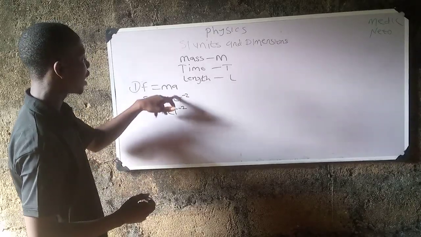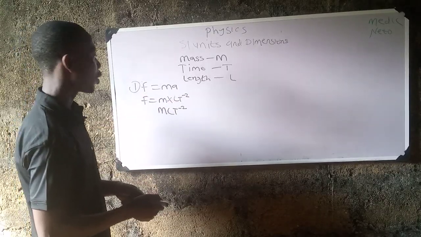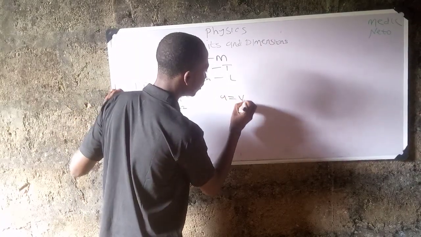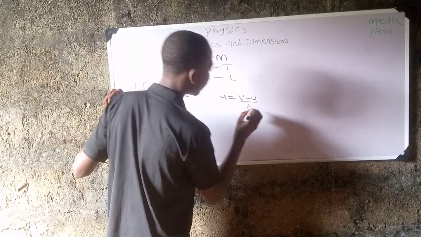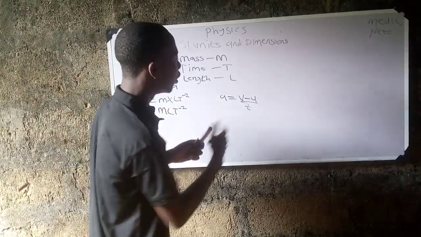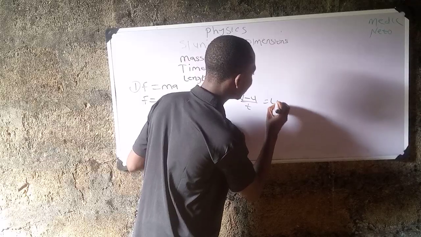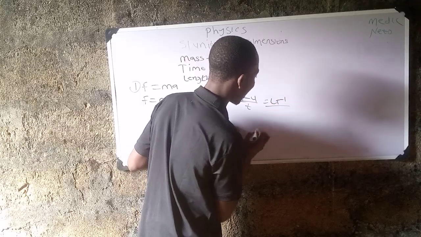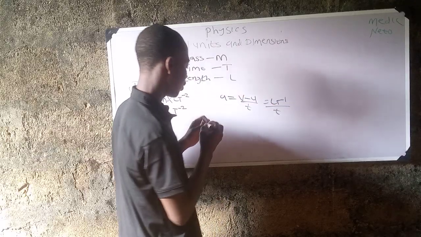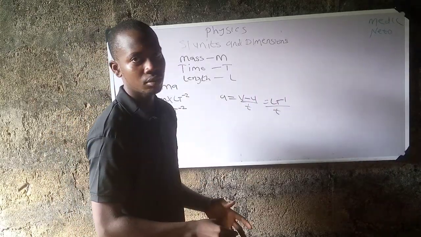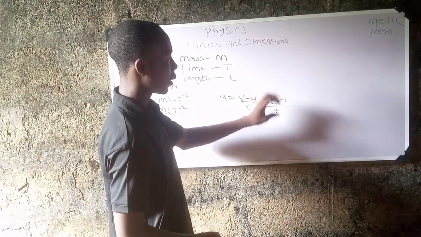You'll be asking, how do you get LT^-2? We got it because acceleration is equal to change in velocity over time. The change in velocity is LT^-1. That is LT^-1 over time. So it's just like indices. When you are dividing, you subtract the powers.